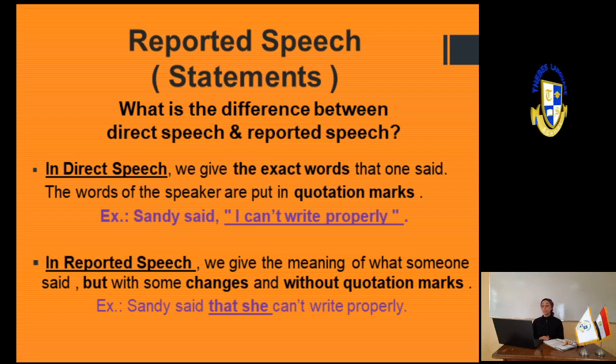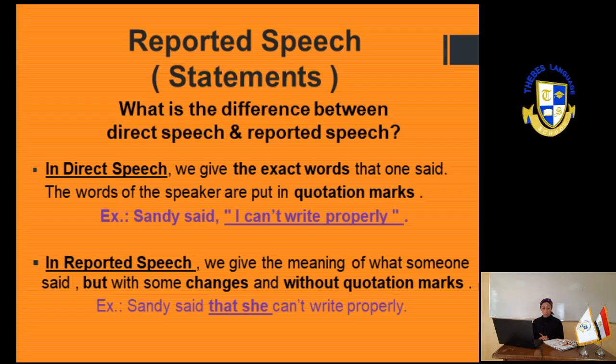For the reported speech, we give the meaning of what someone said, but with some change and without using the quotation marks. So I am delivering the meaning only. It's not the very accurate words, but I'm delivering the meaning. For example, Sandy said that she can't write properly. So can you notice the difference here?